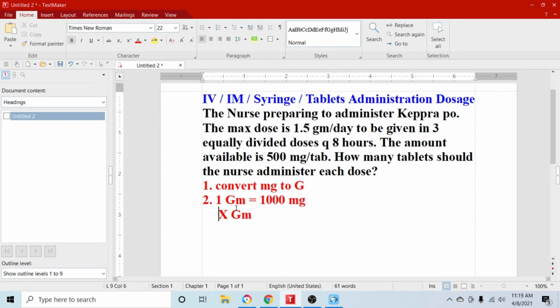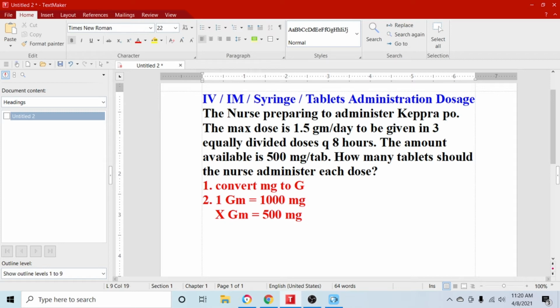Keep your grams on the left and your milligrams on the right. So x gram equals 500, because that's what we have on the board. 500 milligrams. All right. We're converting milligrams to grams.